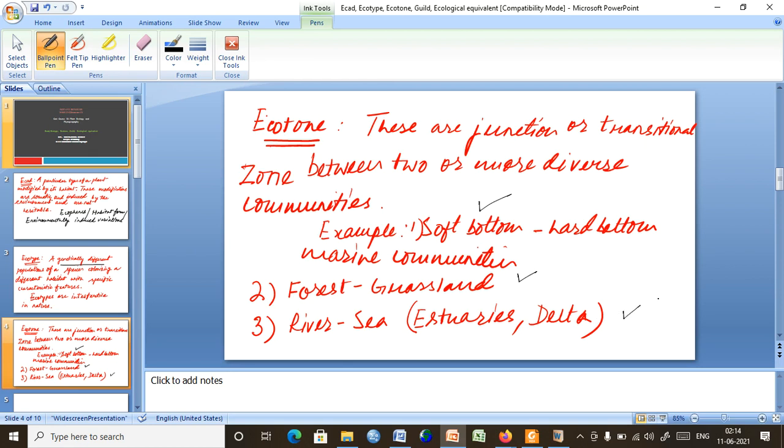All these things establish a diverse type of species than the two interconnecting regions.